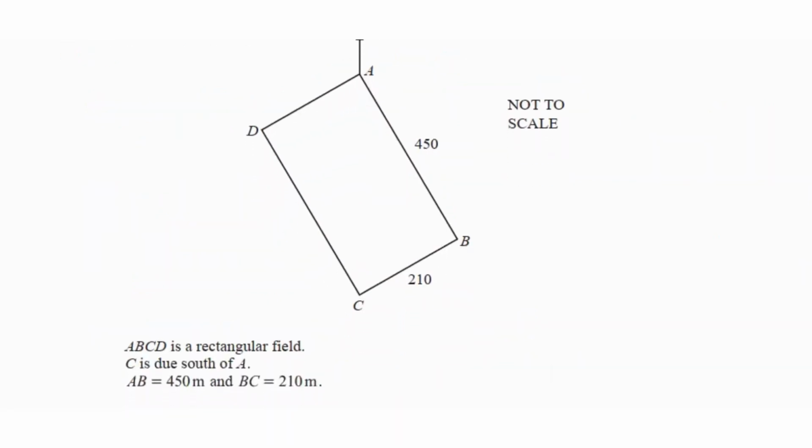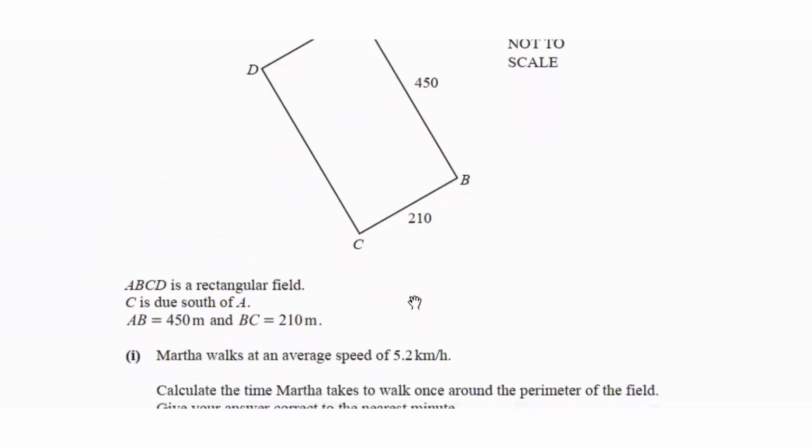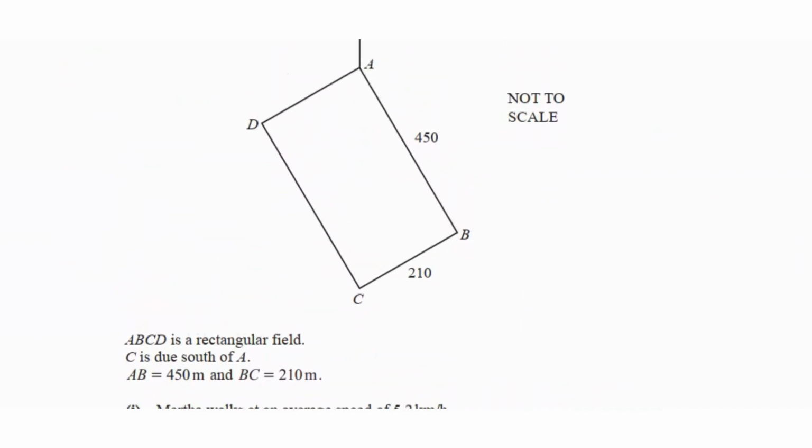Question 9 says ABC is a rectangular field. C is due south of A. AB is 450. BC is 210. And Martha walks at an average speed of 5.2 kilometers per hour. Calculate the time Martha takes to walk once around the perimeter of the field, giving your answer correct to the nearest minute.